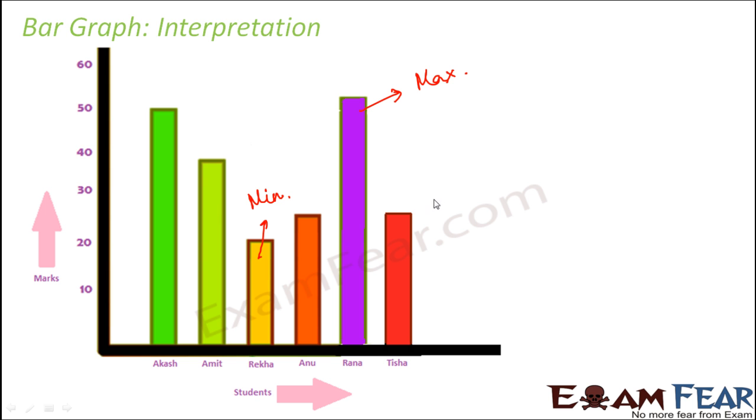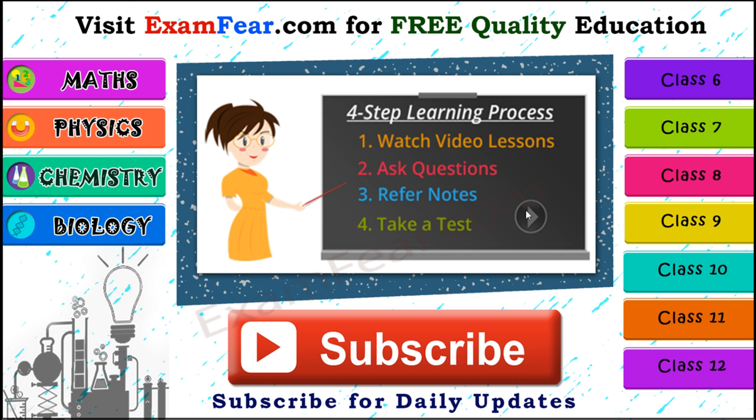If I ask you who all scored marks more than 30, where is 30? 30 is somewhere at this level. All the bars which go beyond 30 scored more than 30. That means Akash, Amit and Rana all scored above 30. So in this fashion, you can very easily interpret information from a bar graph.